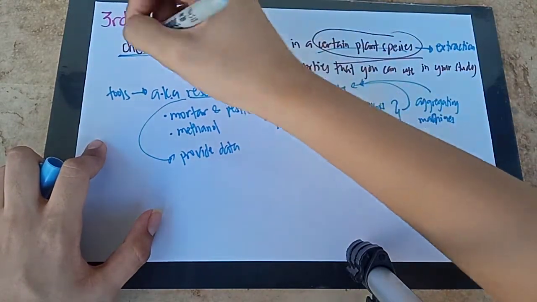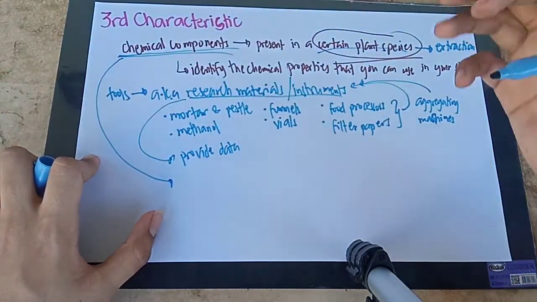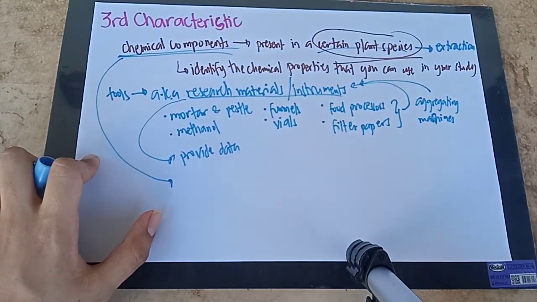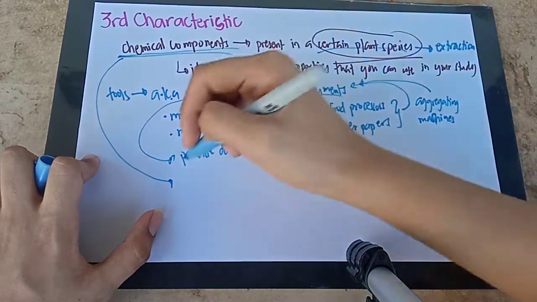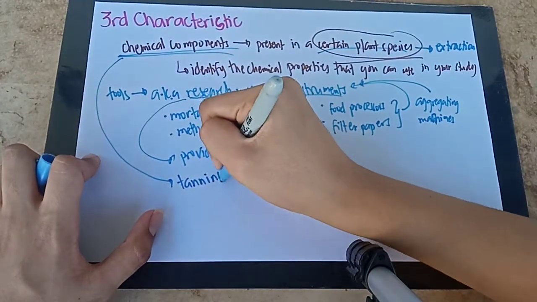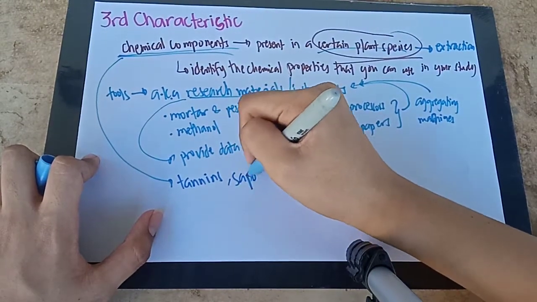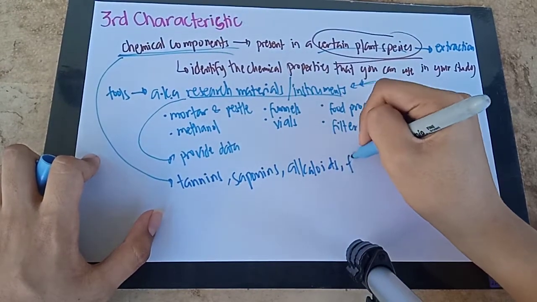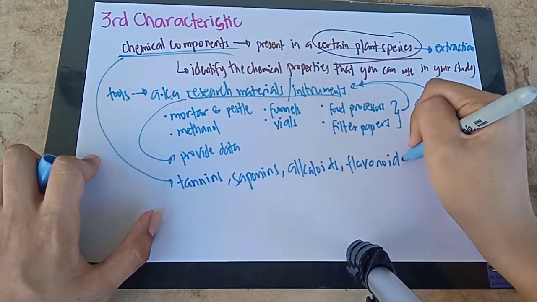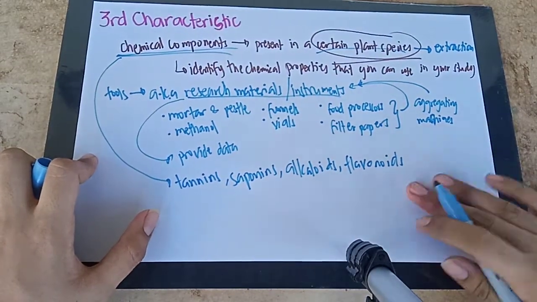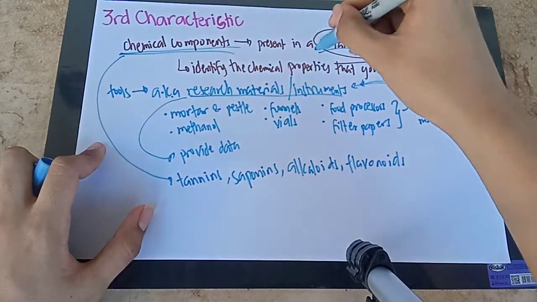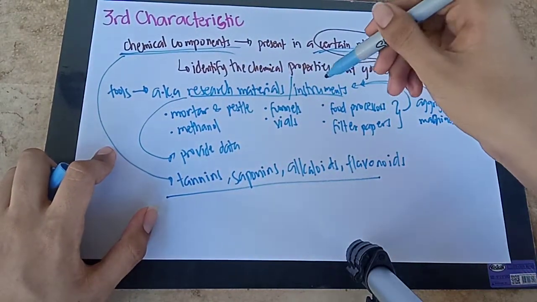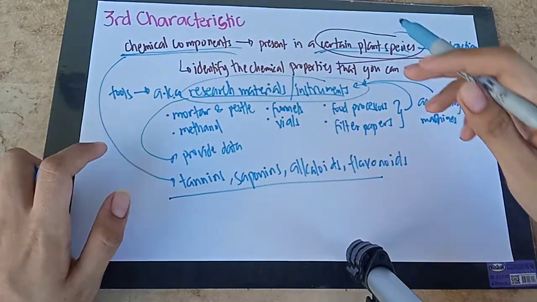Now, what are those active chemical components? For example, after you use these research materials, you identified some chemical components such as tannins, saponins, alkaloids, and flavonoids. These are some of the chemical components that can be found in this certain species of plant, and this data was gathered by using these different research instruments.